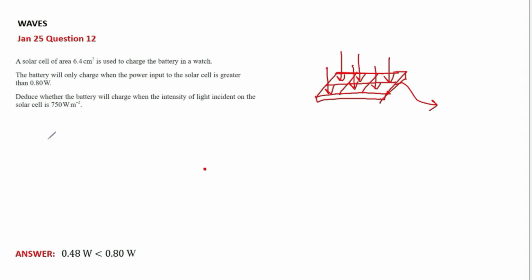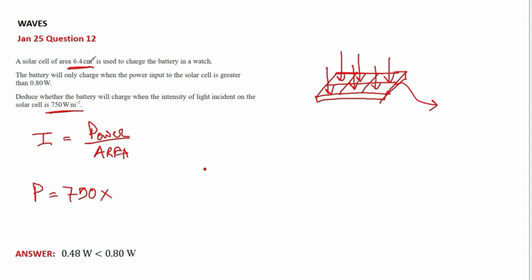So for questions like this, always remember intensity equals power divided by area. So make power the subject of the equation. So power equals intensity times area. So the value of intensity is already given, 750 times area, which is 6.4 centimeters square.